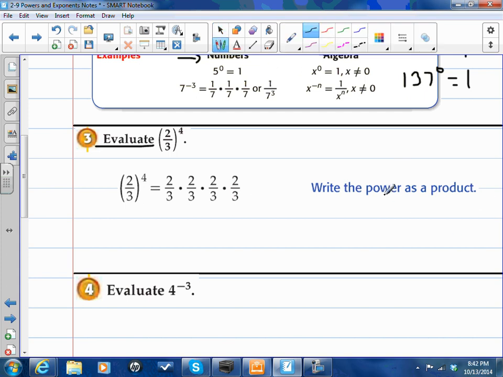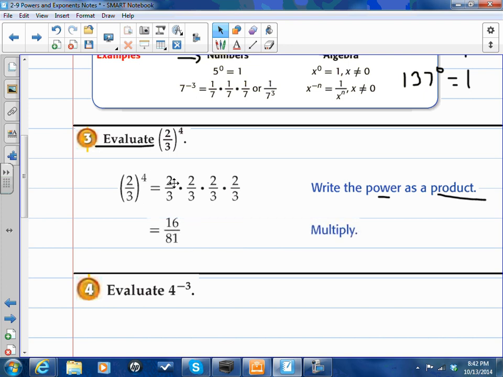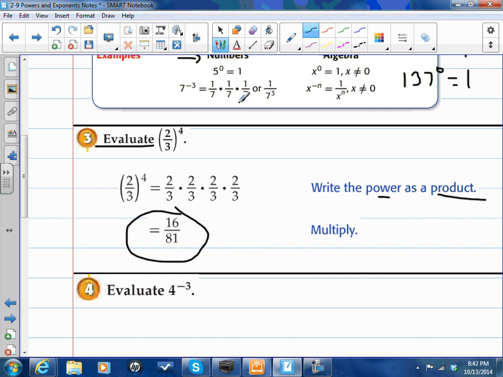Because powers represent repeated multiplication, we work backwards and have it written as a product, meaning multiplication. So hopefully we remember to multiply fractions. We multiply the numerators and multiply the denominators, and we end up with 16 over 81, and that is what 2/3 to the 4th power is after you evaluate.